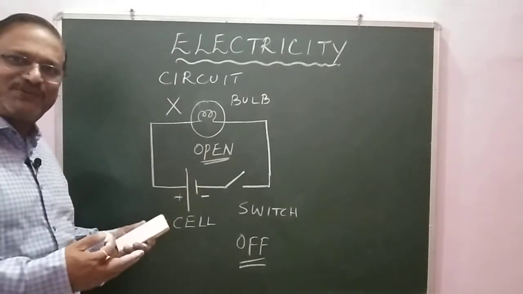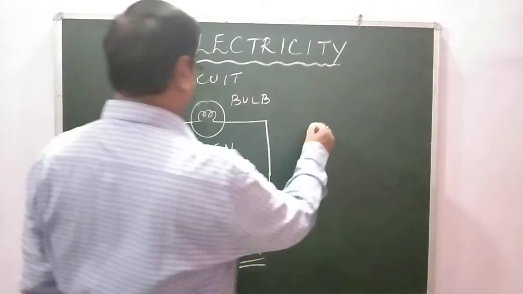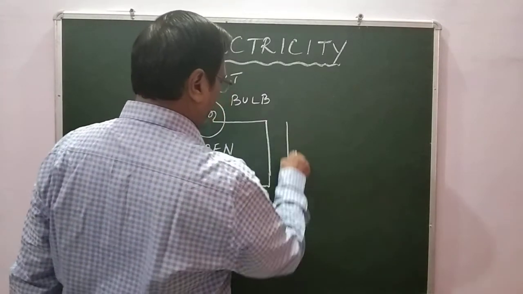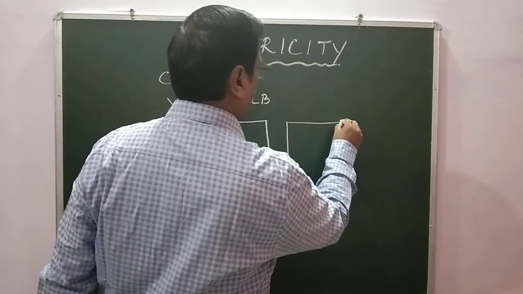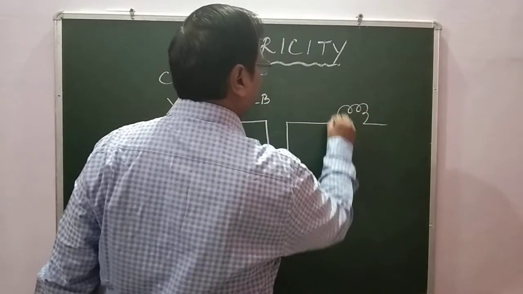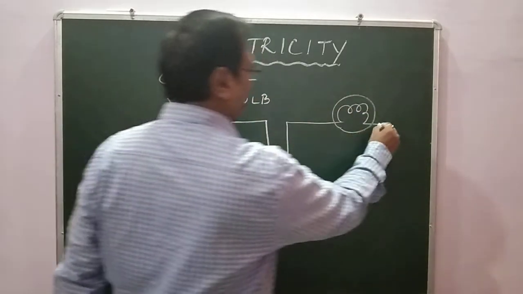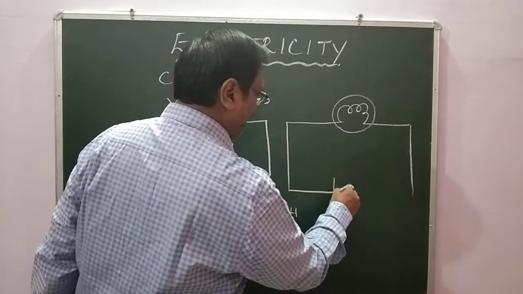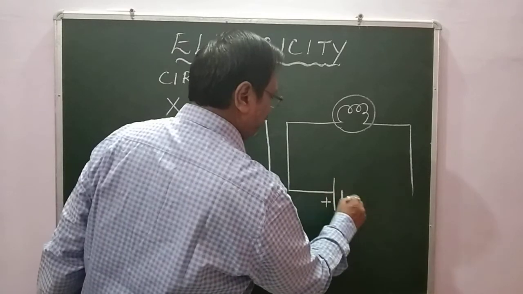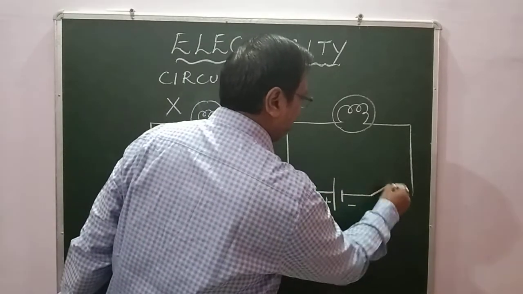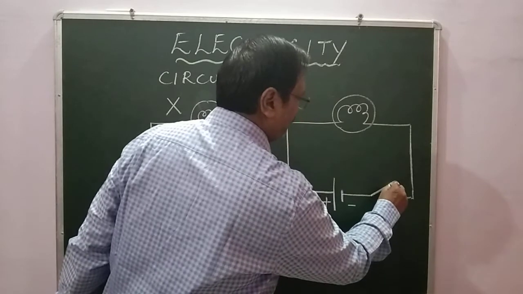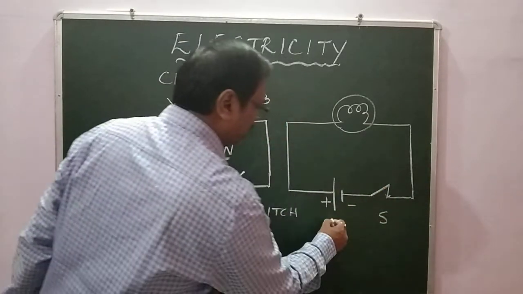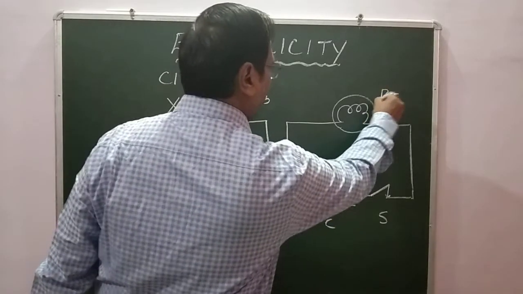So what should I do? Let me make another circuit. First you understand what I'm doing. Yes, I draw a bulb, same circuit, right? I take it here like this, and I come here, and I draw a battery or cell, positive, negative, and then I take it like this, and here I close it like this, right? This is the switch, this is the cell, and this is the bulb.